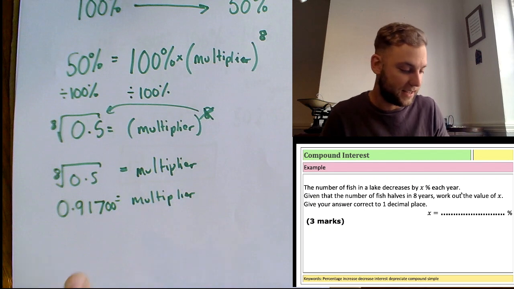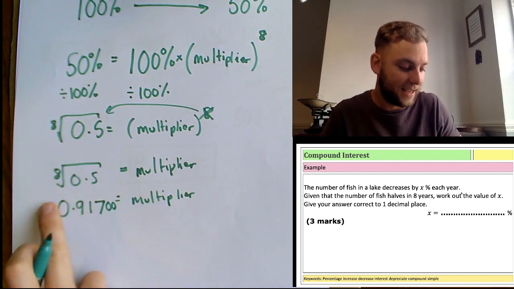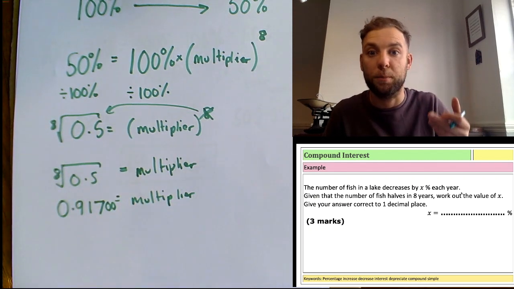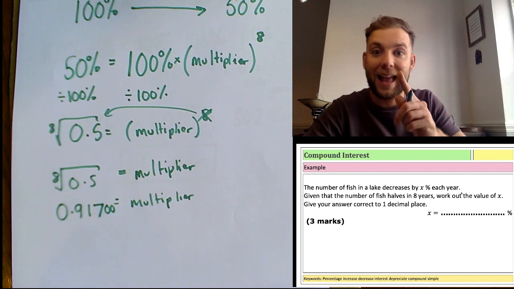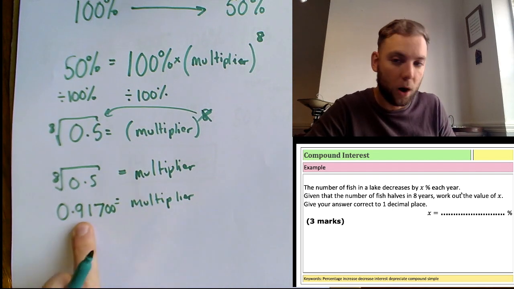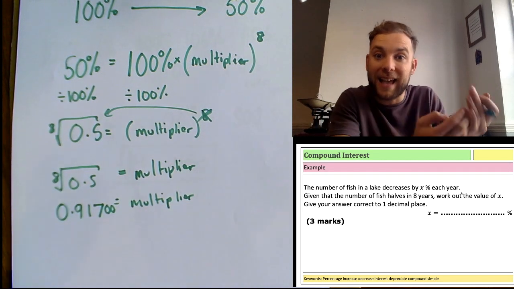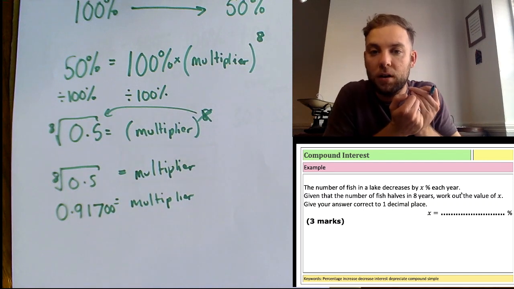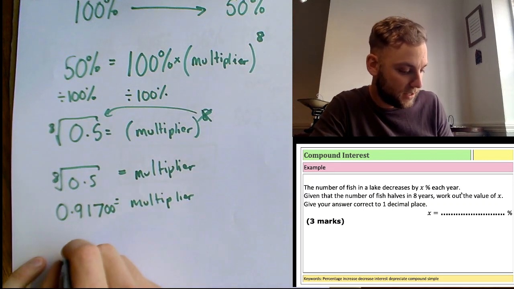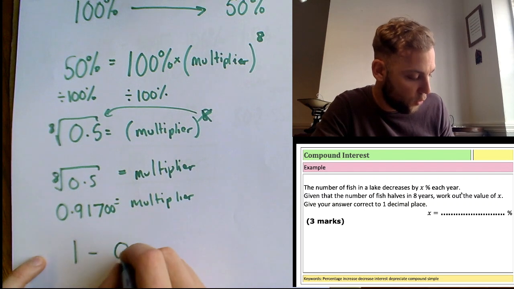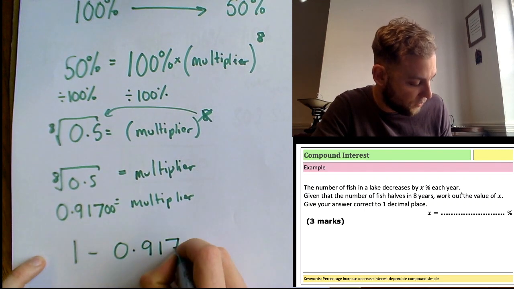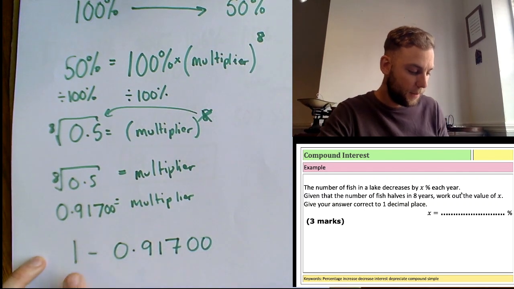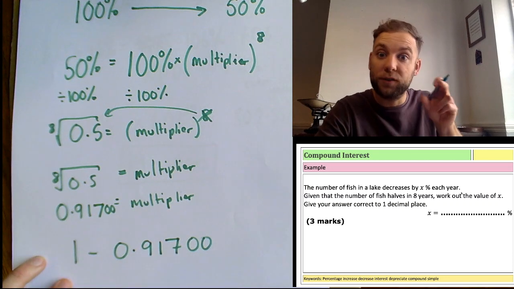So the opposite of this is I need to see what this is to get to 100%. Now 100% as a decimal is equal to 1. So how much has been taken away from 1 to get my reduction? So it's going to be 1 minus 0.91700, because that is how far away it is from 100%.